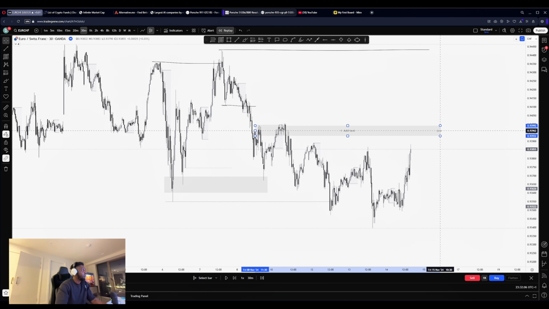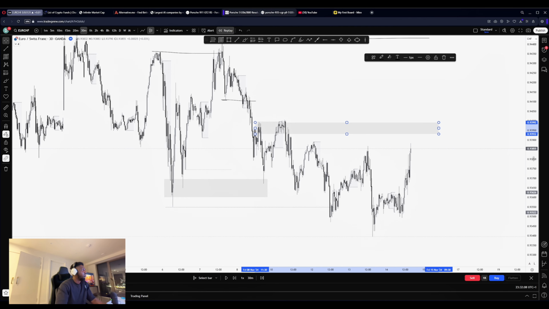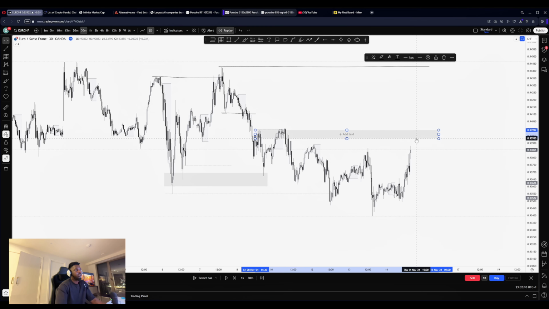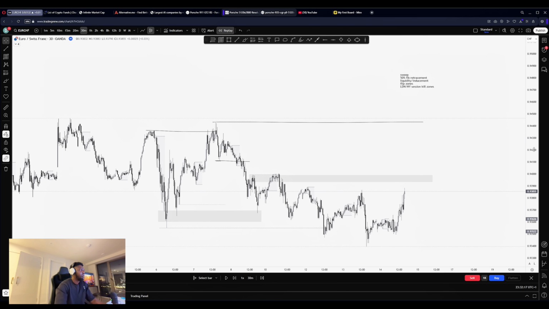So price should eventually come back here and sell from there, but I have other entry criteria, because I don't just look at my flip zones, sweep, and order block and just take a trade from there. I like to see other confirmations.